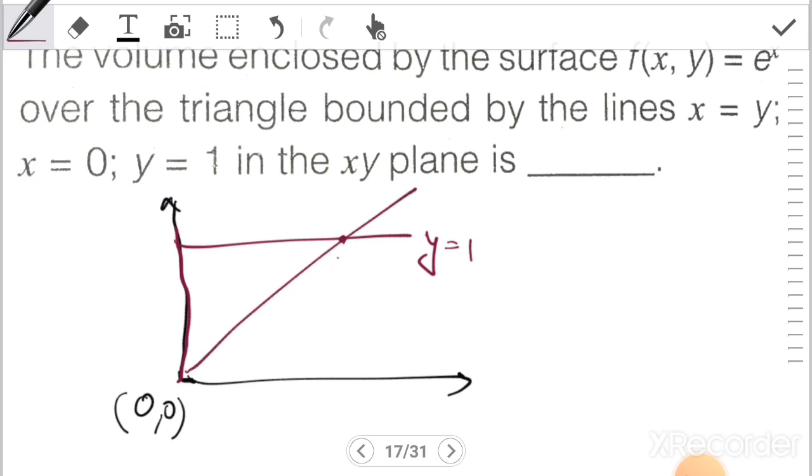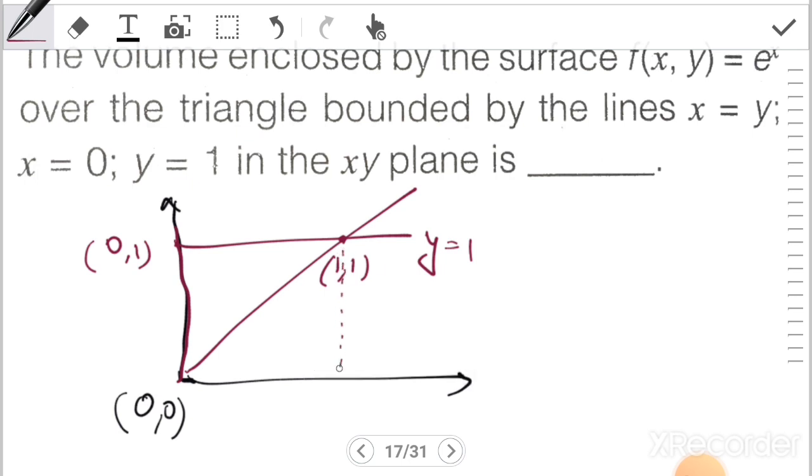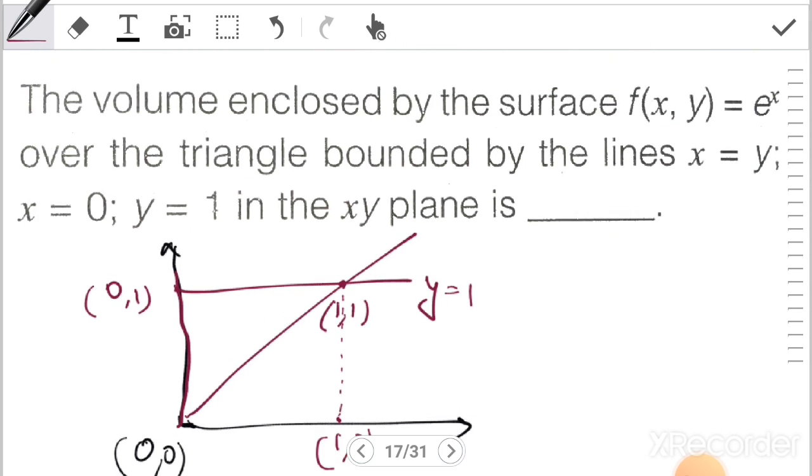So the intersection point is 1, 1. This is 0, 1. Okay, and let us drop a line here. So 1, 0. Yes. So now we have to find the volume enclosed by the surface over the triangle.